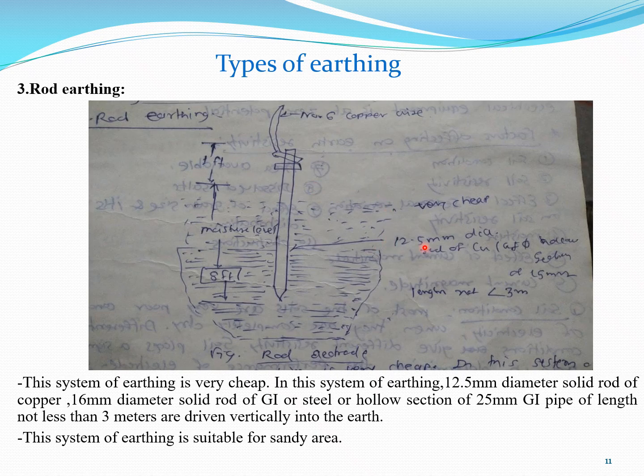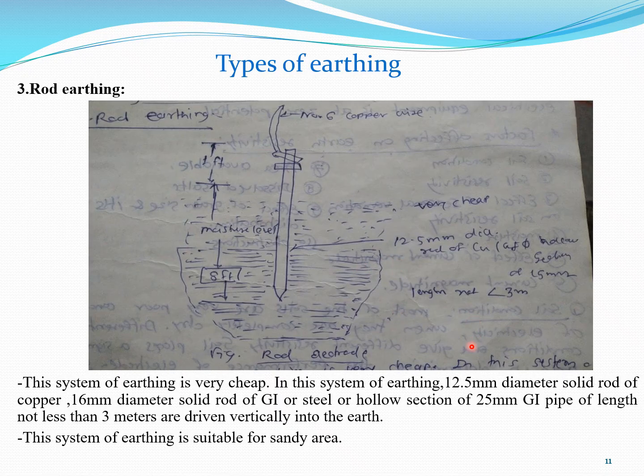The rod is made up of copper material having 12.5 diameter, and it is buried inside the ground almost 8 feet. The length of this rod is less than 3 meter. This method of earthing system is very cheap.